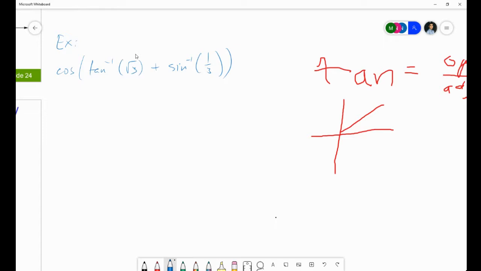I know that tangent is opposite over adjacent, but is there a way that I can confirm that the adjacent is 1? Well, that's a number, like a rational number. You can change any number to a fraction by just dividing it by 1, right? Yeah. Okay.